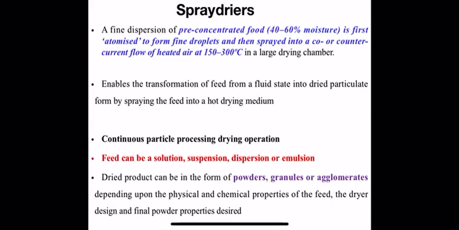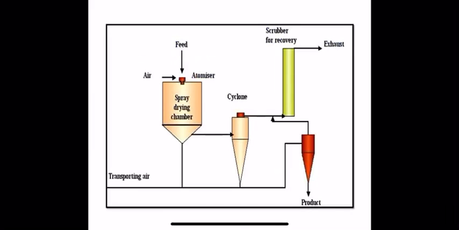So what will happen is the feed which moves into the chamber will be suspended in the chamber. When it is suspended, there will be higher heat transfer rates, or higher drying efficiency, and it will be dried more efficiently as compared to co-current.